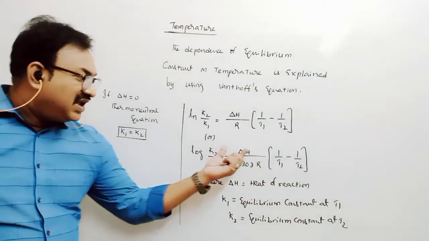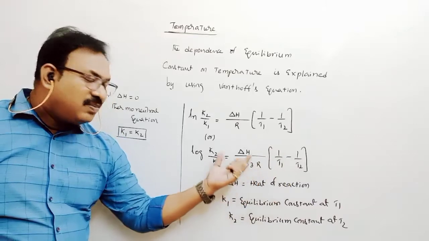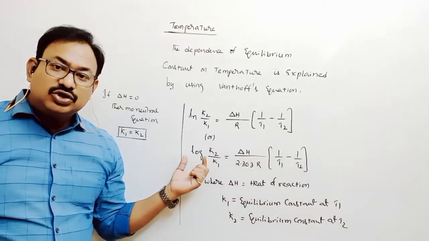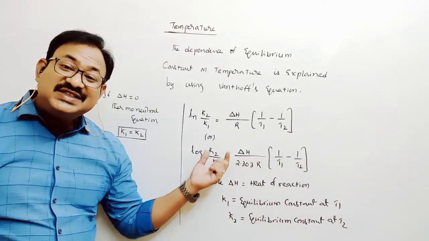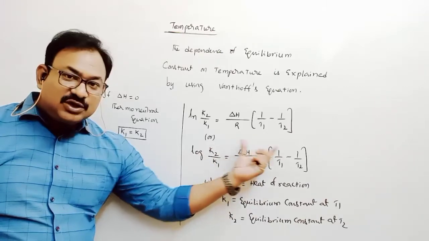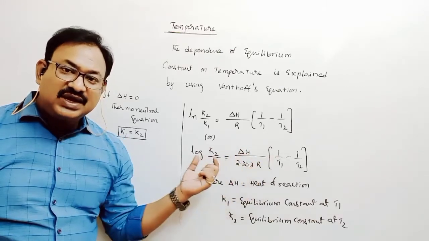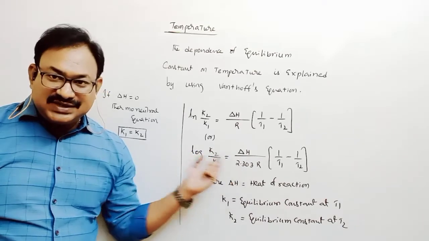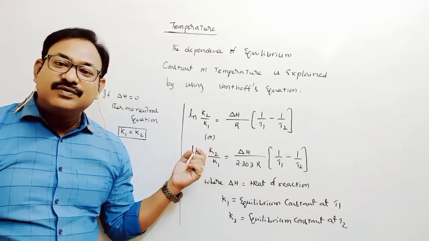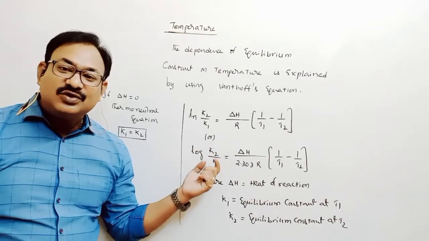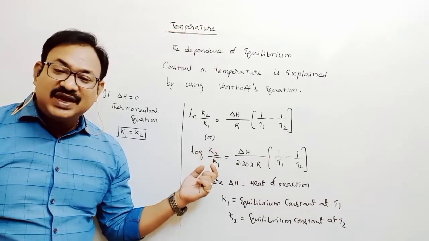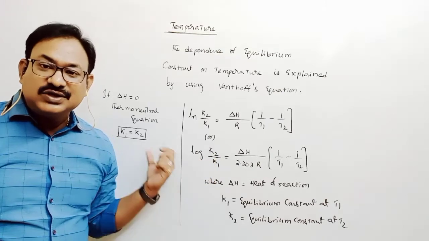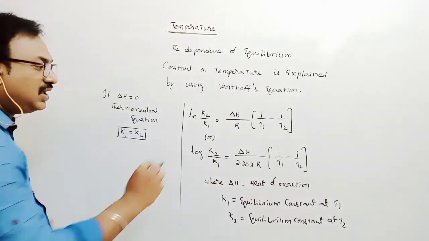Understand? If del H is 0, this whole part becomes 0. So log 1 is 0. If del H is 0 then this whole part becomes 0. Then log K2 by K1 is 0. Therefore K2 by K1 is always equal to 1. So K1 equal to K2. Okay.